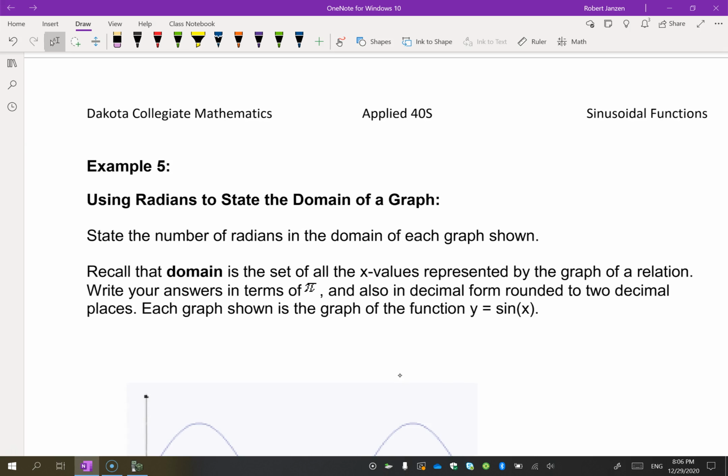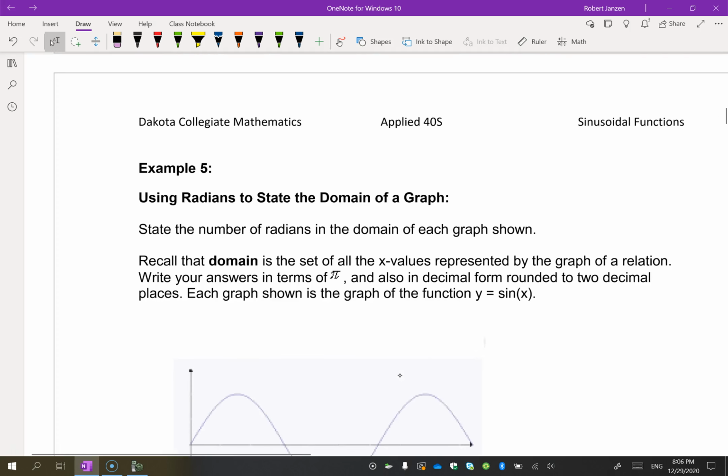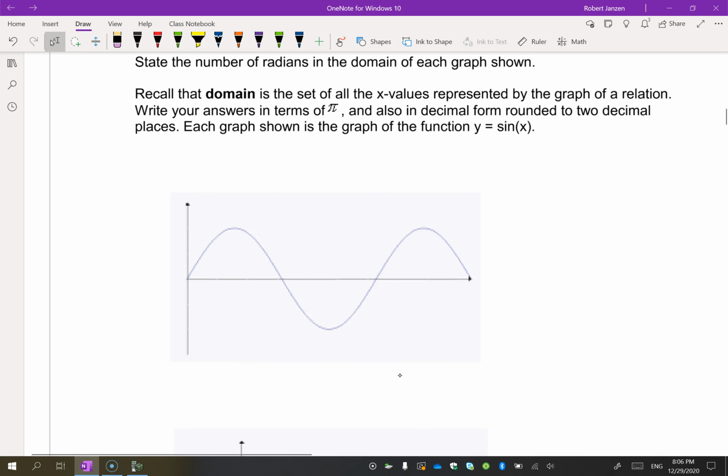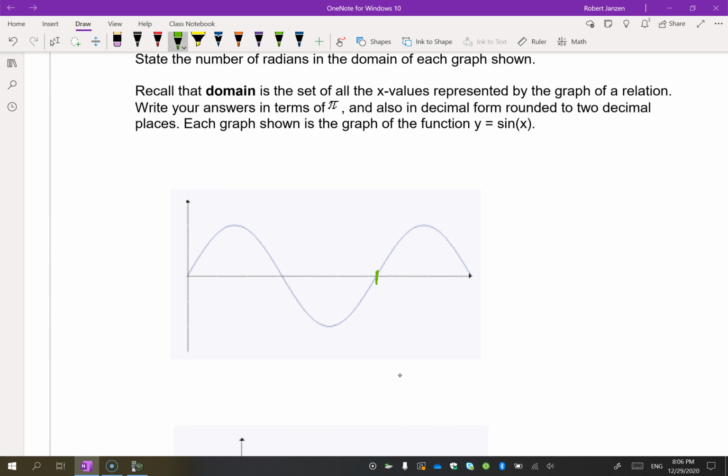Example 5. Use radians to state the domain of a graph. Okay, so again, we looked at the sine and the cosine graph the other day. And if you remember, we did this. These were some of our measures. You can check back in your notes to look at those, look at the graph and the values. But we want to change this to radians right now. So if this was degrees, how far is this? How much farther do we go?